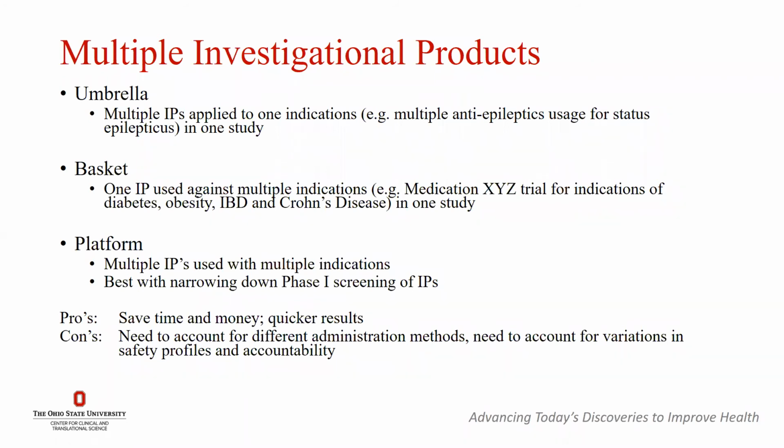This would be an example of an umbrella study in a lab setting. Basket is the opposite, where you have just one investigational product and you're looking at various indications that it could apply to.